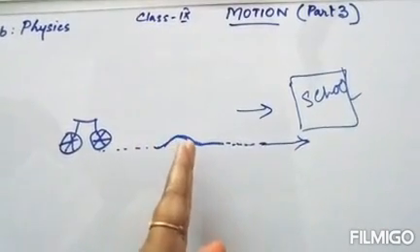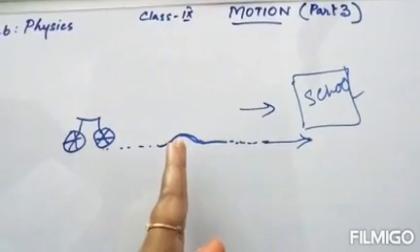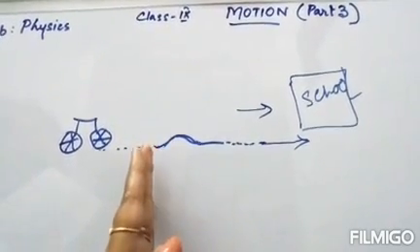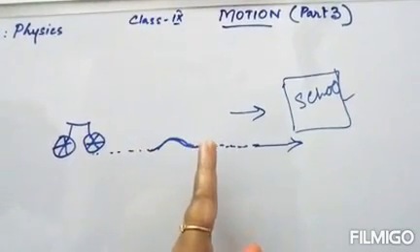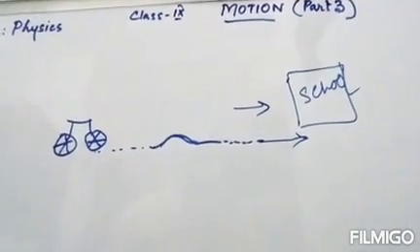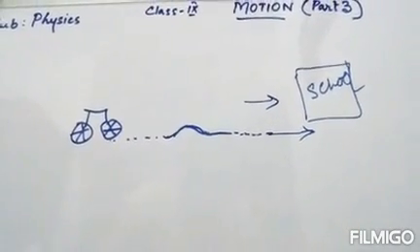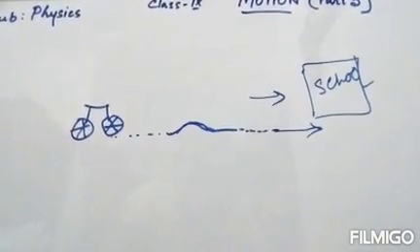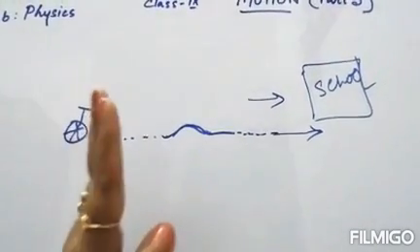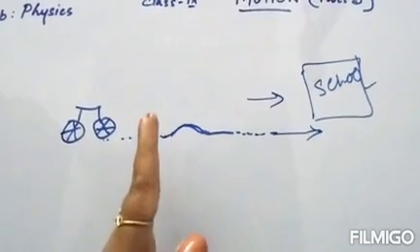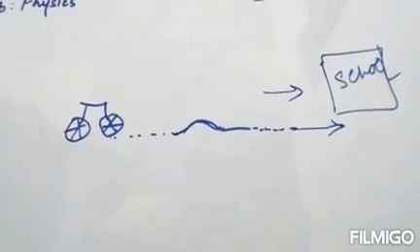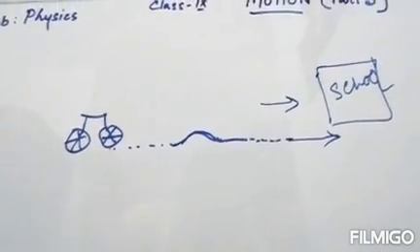Because you got a resistance, and as you got a resistance you slowed your speed, and then after overcoming that resistance you again geared up your speed. So the velocity of your cycle, that uniformity is destroyed. In this situation we call it acceleration.